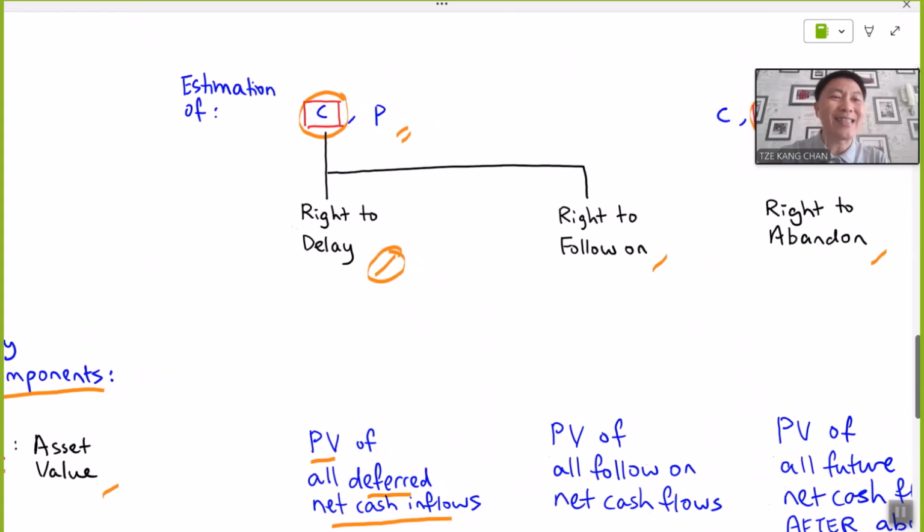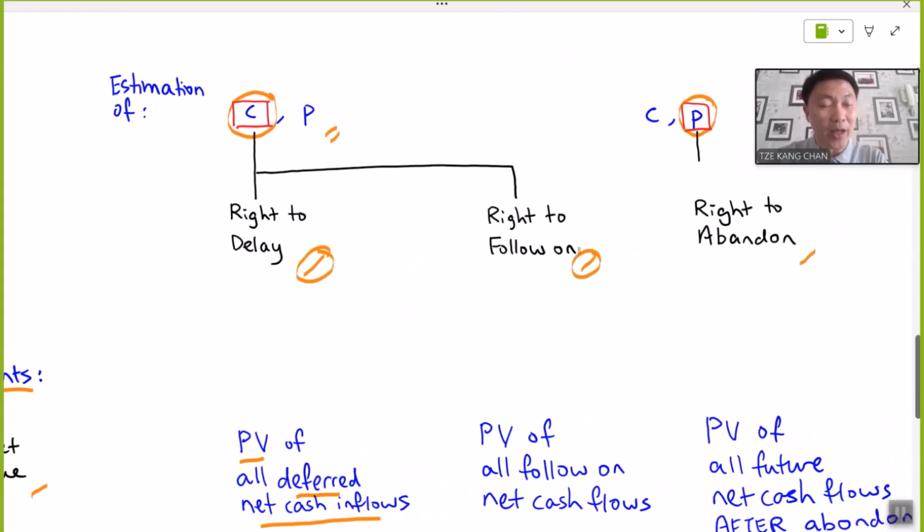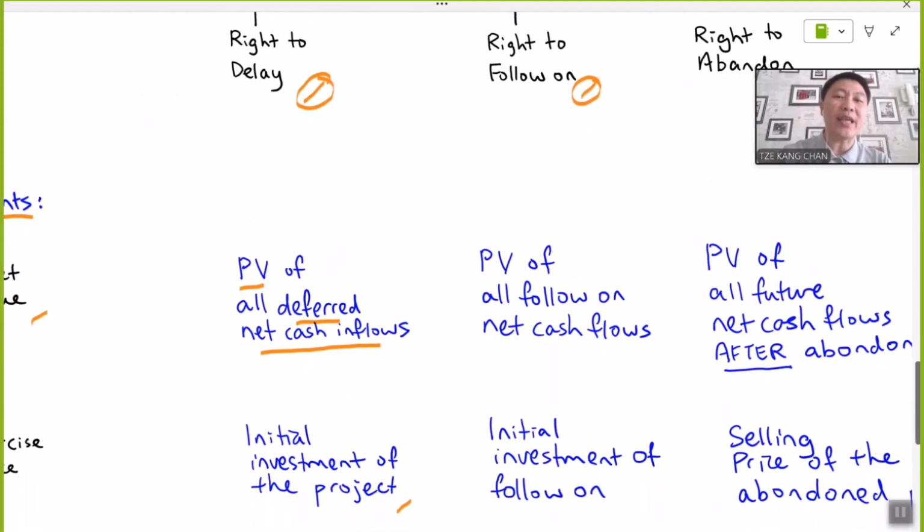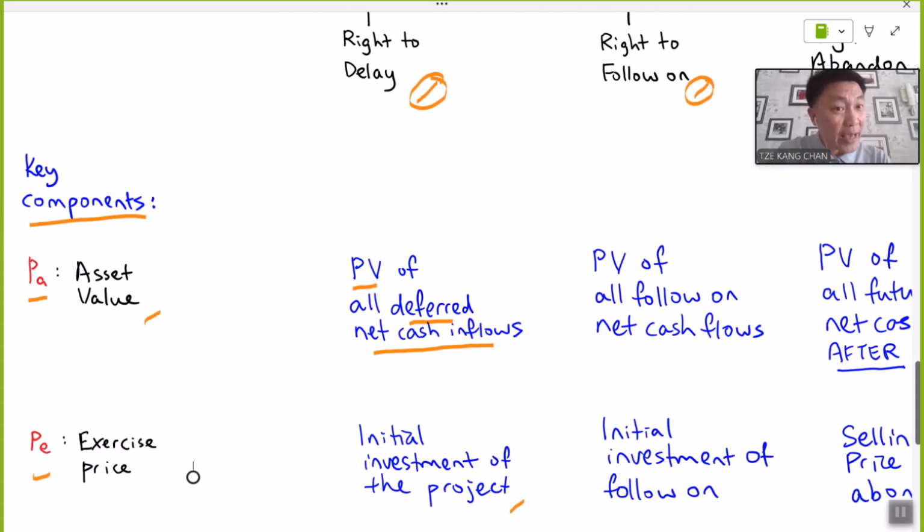How about the second type of rights, equivalent to call option, the right to follow on? That simply refers to a choice for the company to kickstart, to expand the assets or the project on the larger scales. In terms of PA, we're talking about, once again, present value of all the follow-on net cash flow.